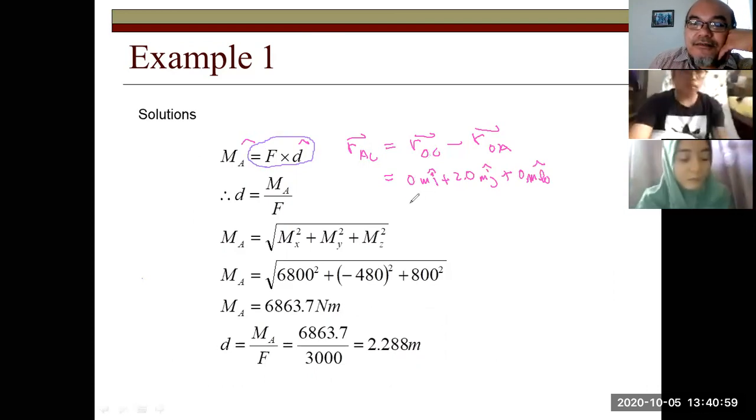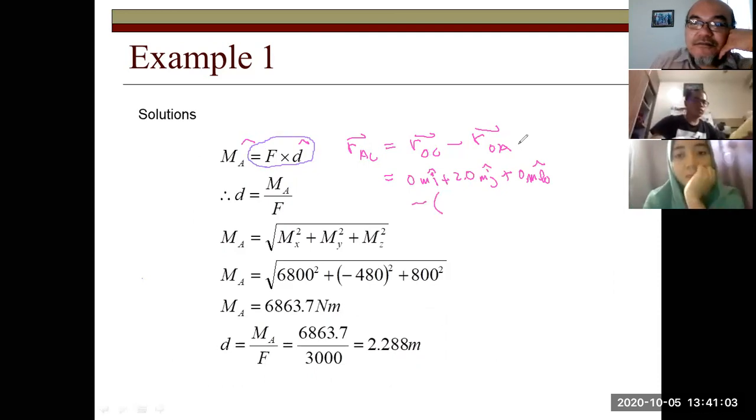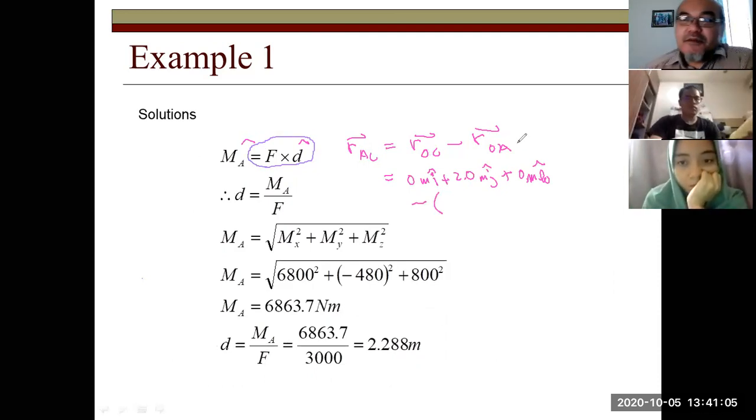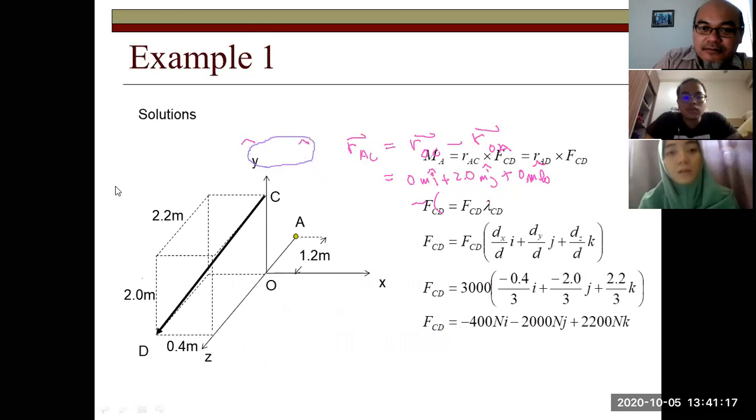Then negative the position vector of A, which is basically from the coordinate of A. So let's look here, the coordinate of A. Let us draw here.